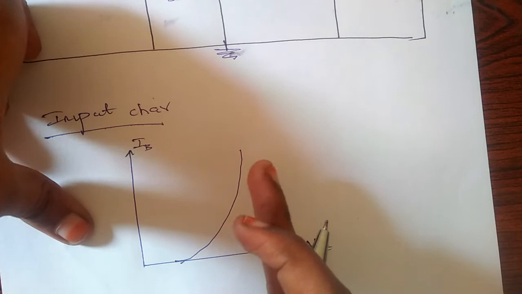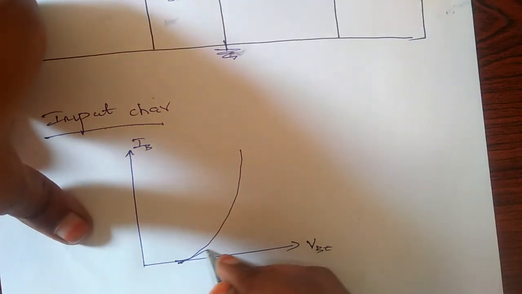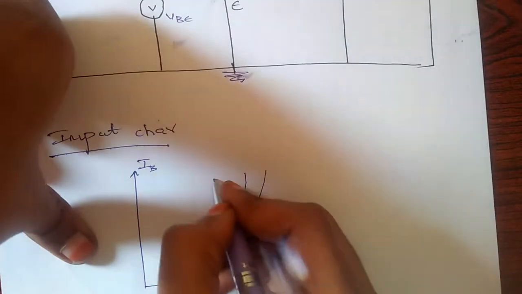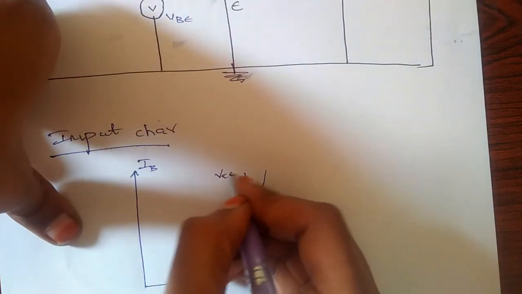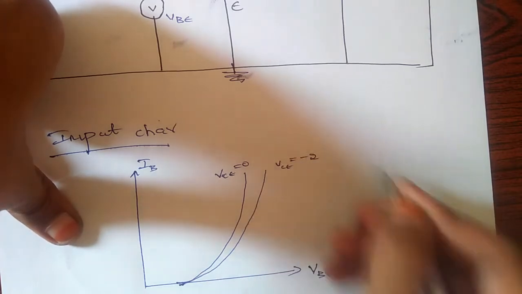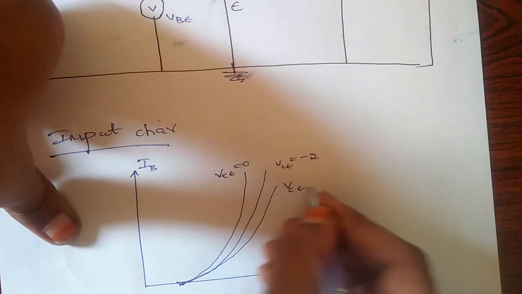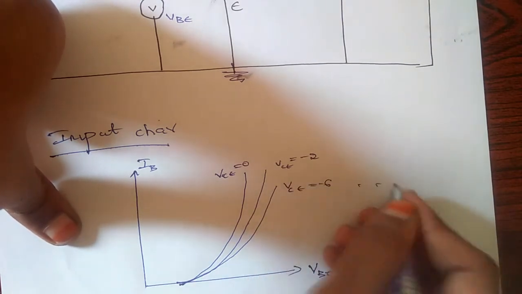So VCE equal to 0, VCE equal to -2, VCE equal to -6 and so on.